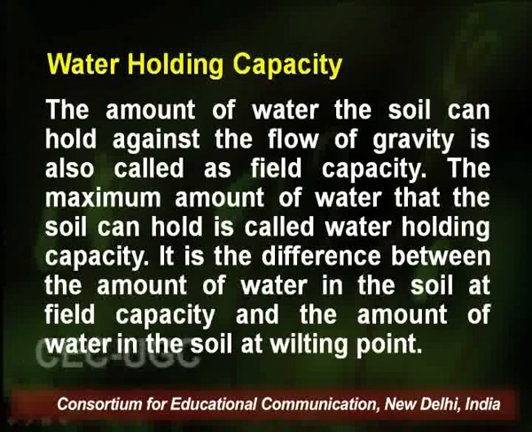Now, it is the difference between the amount of water in the soil at the field capacity and the amount of water in the soil at the wilting point which tells about the water holding capacity. It is also referred to as available water capacity, AWC, or plant available water, that is PAW.